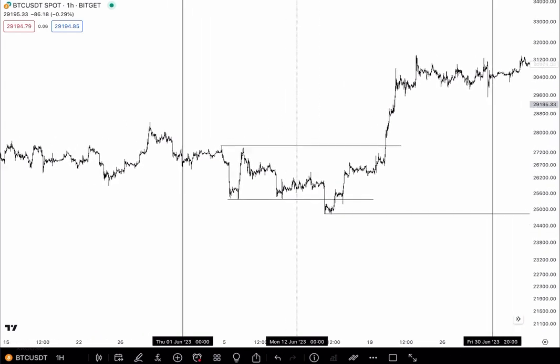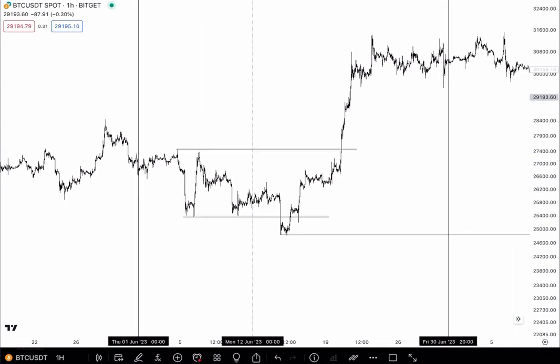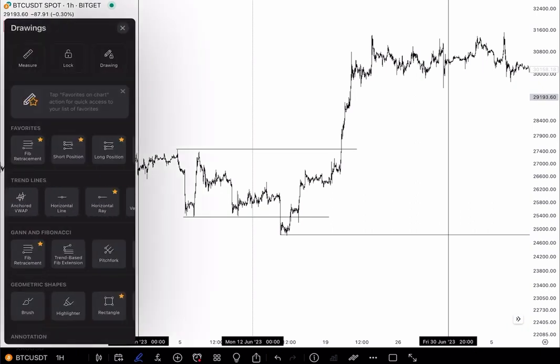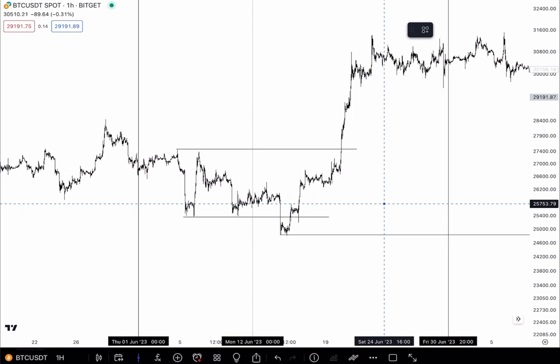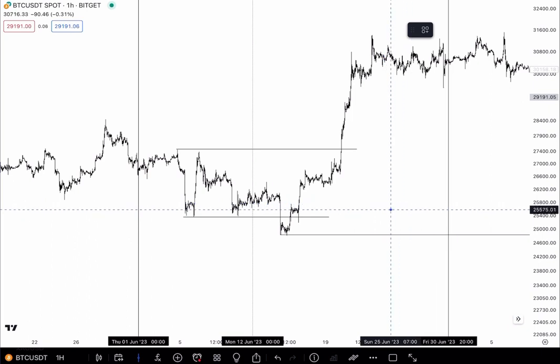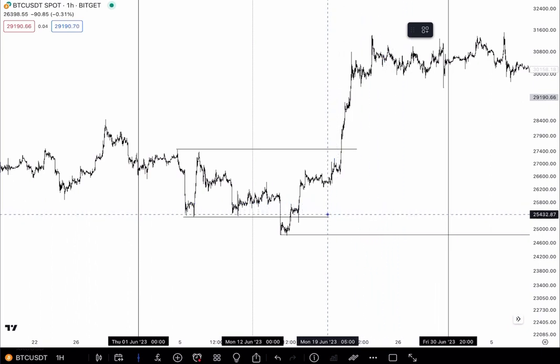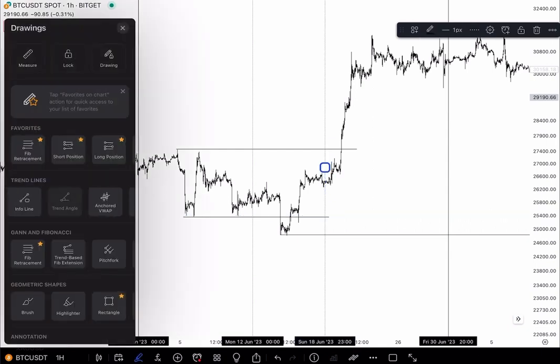If you remember, to dig in deeper on this piece of price action, I had also, just beautiful.